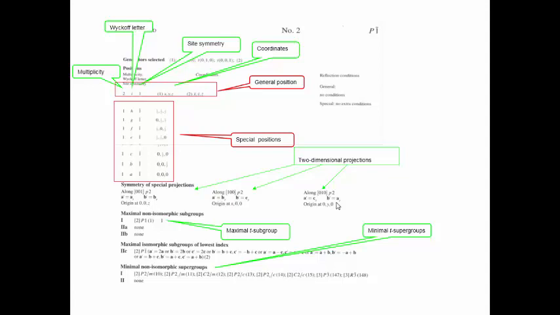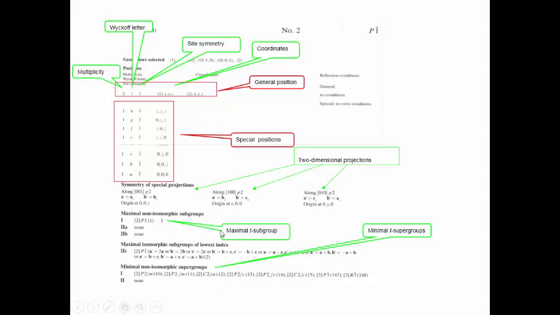And for your monoclinic and orthorhombic space groups that I've chosen for you, you have just that limited set of P1, P2, P2MM, P2MG, P2GG, and CM and C2MM. We're just limited to those projections.